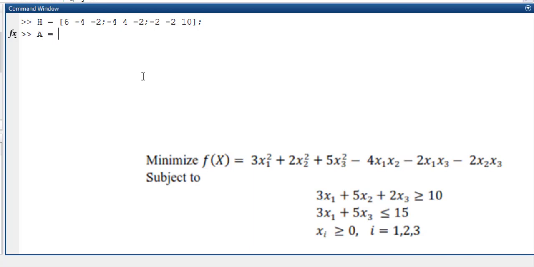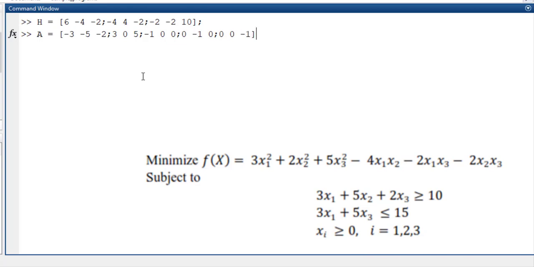This is followed by the A matrix. A is equal to minus 3 minus 5 minus 2 semicolon 3 0 5 semicolon minus 1 0 0 semicolon 0 minus 1 0 semicolon 0 0 minus 1.